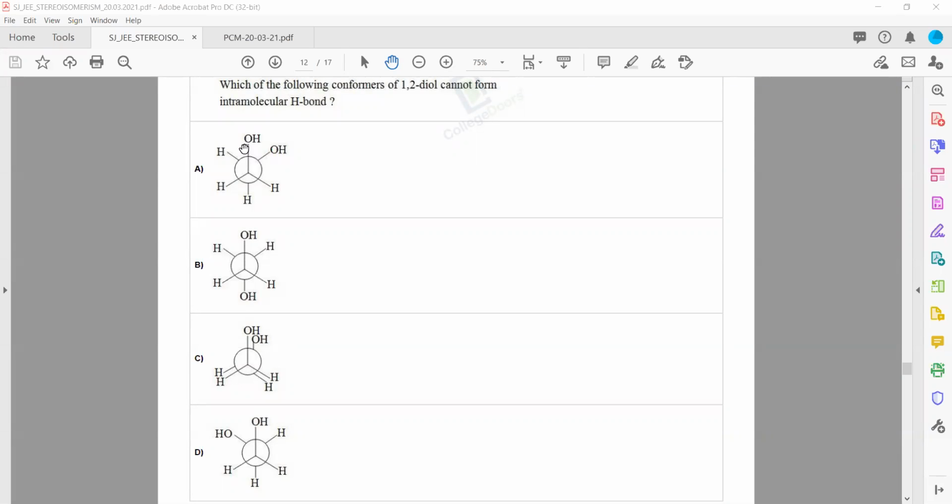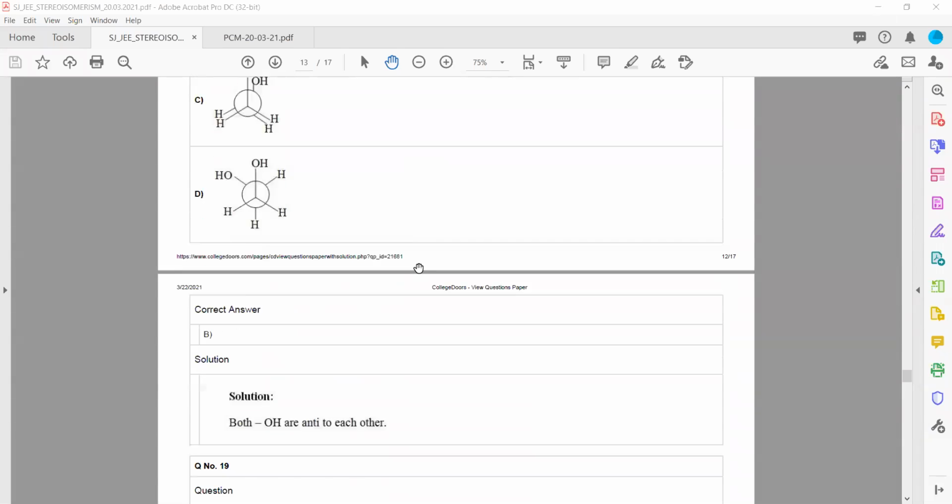We are not talking about stability. So your confusion might be that eclipsed is unstable so the H bond concept will not apply here, but that is a wrong understanding. The question asks which is not forming the H bond, and that will be the staggered conformation, because the OH groups are at a very large distance from each other. Understood? Yes, sir.